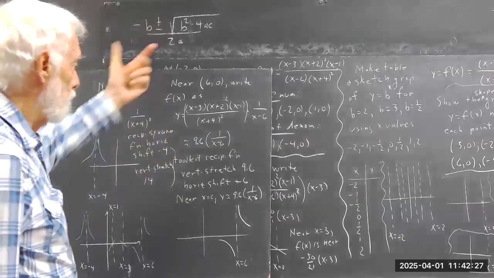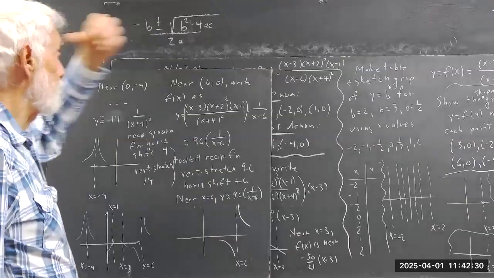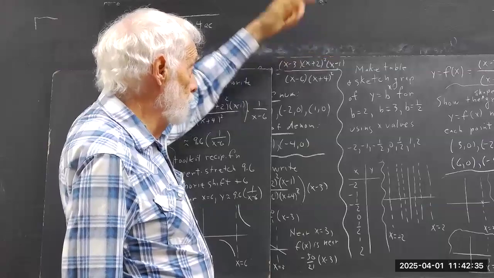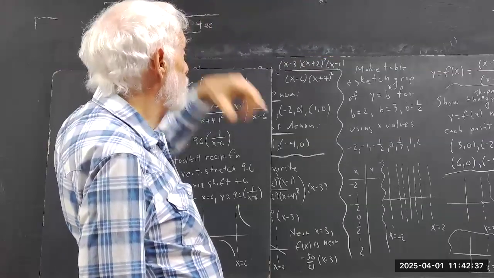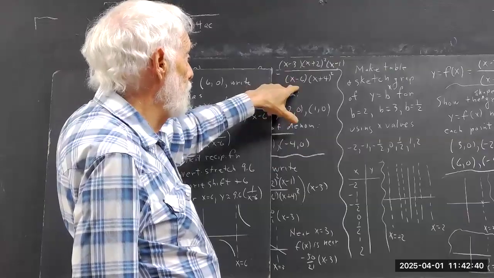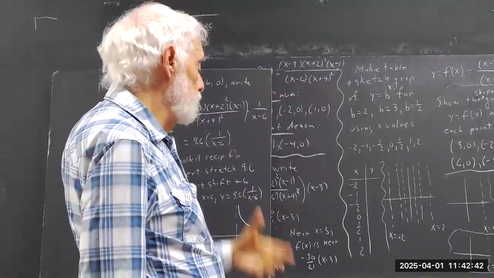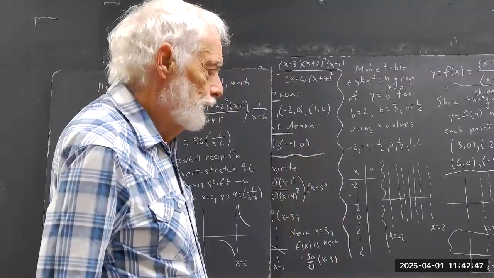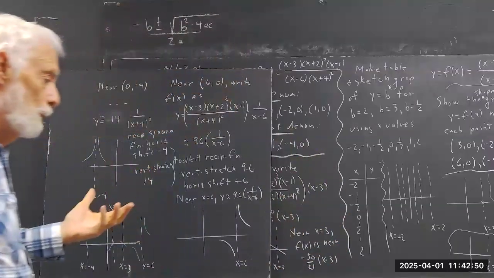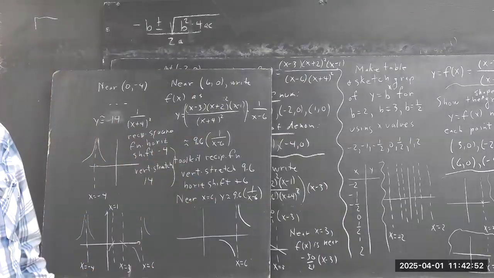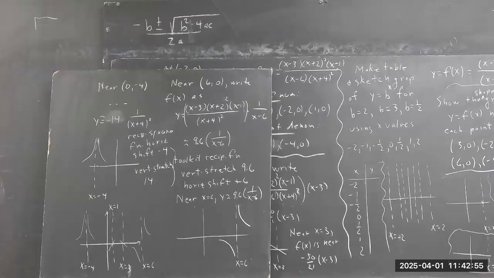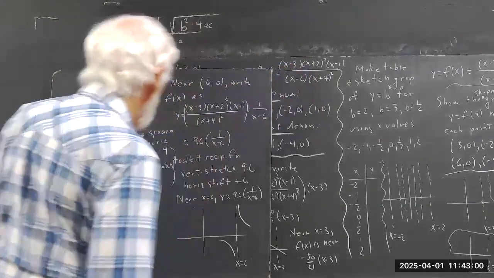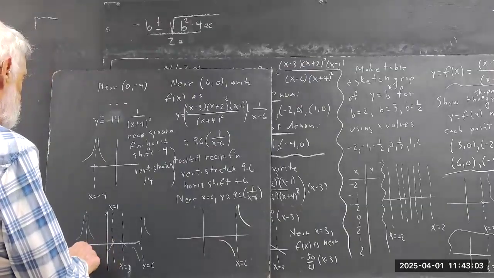Okay. If X equals 0, you get -3 times 4, which is -12, times -1, which is 12, divided by -6 times 16, which is -96. -12 over -96 is ballpark 0.1. Okay. So at X equals 0, your denominator is a lot bigger than your numerator. So you got a Y-intercept down here.